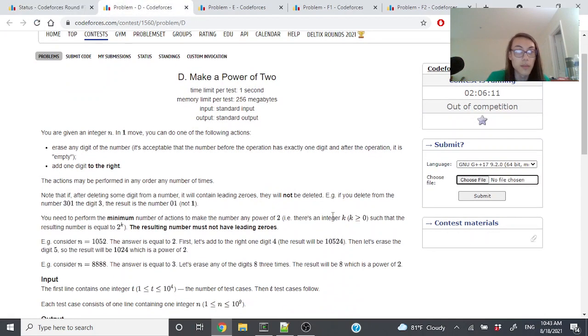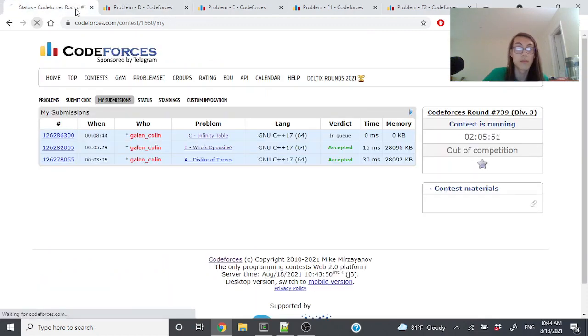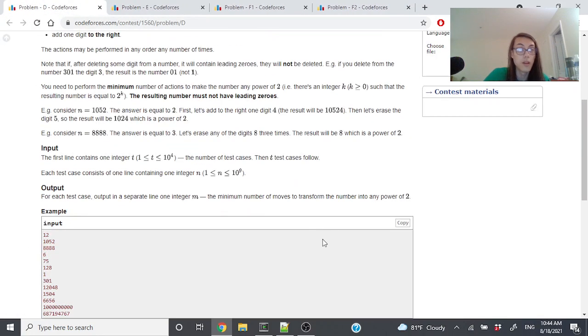Okay. Erase any digit of the number. Now you're given the integer n. Add 1 digit to the right. Make it a power of 2. Okay, I'm guessing try the powers of 2 and greedy.